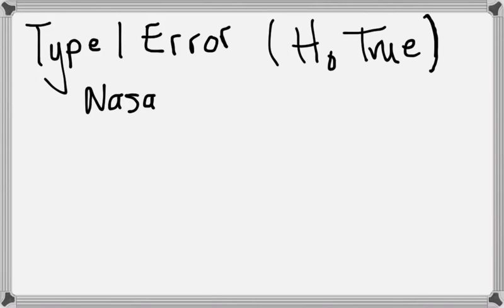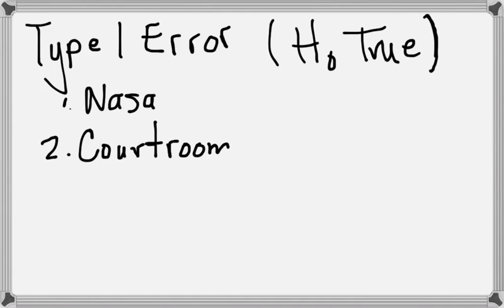Let me give you two examples, NASA and the courtroom. Let's say that you work for NASA. You're the one person over the whole launch sequence, and you've got your hand on the stop button. Your job is to make sure everything is okay.